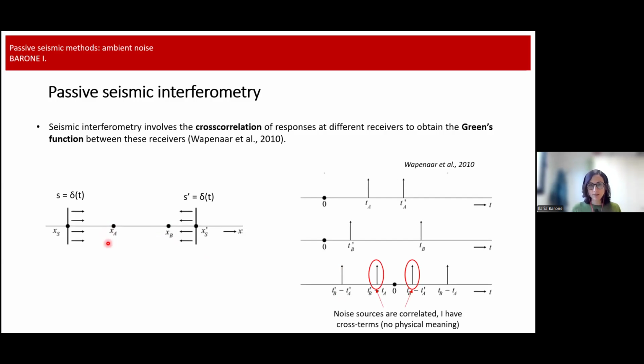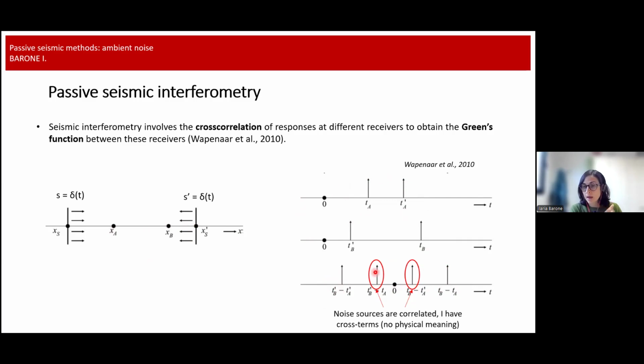Now, let's combine the two. Let's suppose we have both a source acting on the left side, propagating towards the right, and a source on the right side, propagating towards the left. This is the signal that we record in XA, this is the signal that we record in XB, and this is the cross-correlation of the two signals. Now we have the same pulses that we observed before, the peak at Tb minus Ta, and the peak at Tb' minus Ta'.